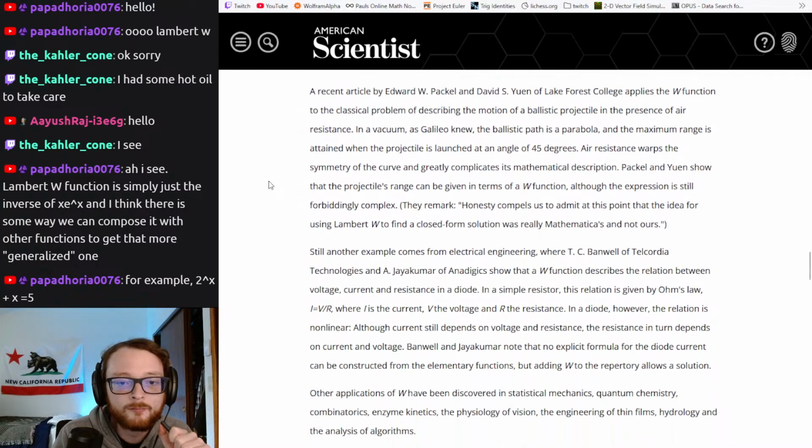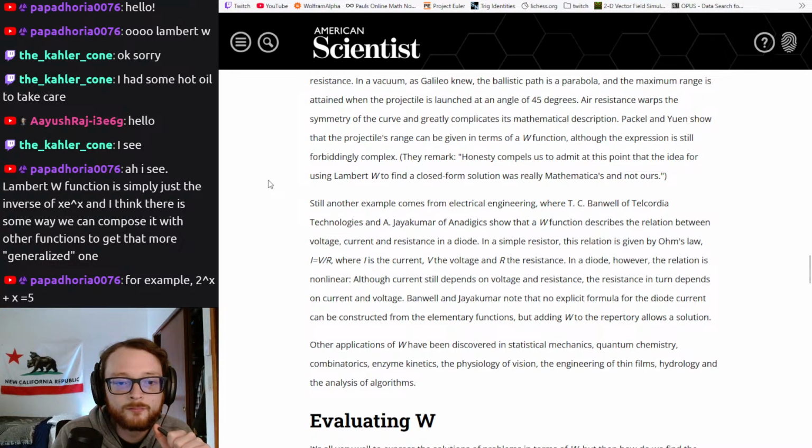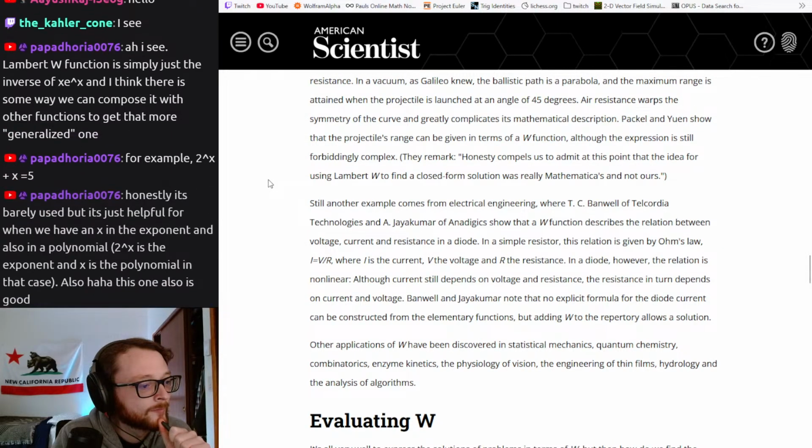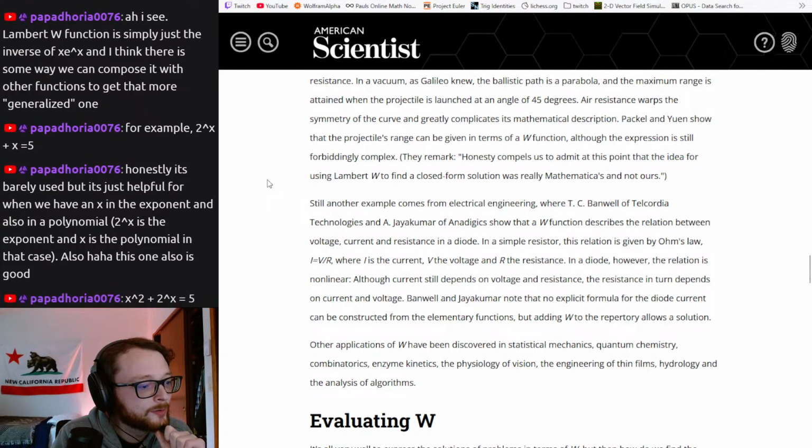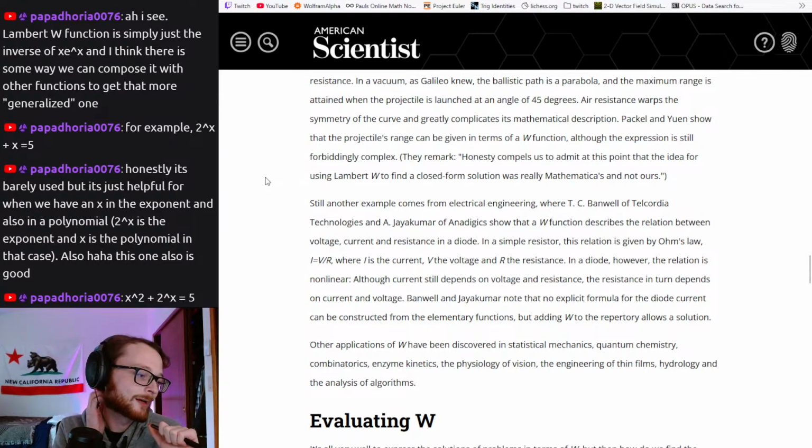Hmm. It's rarely used, but it's just helpful when we have an x in the exponent and also a polynomial. X squared plus 2 to the x equals 5. Okay. Fair enough.